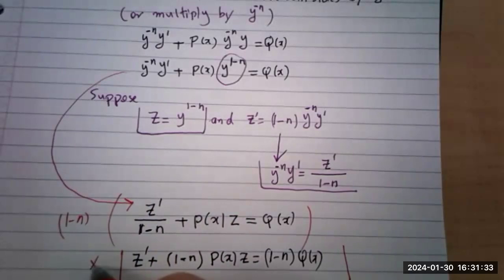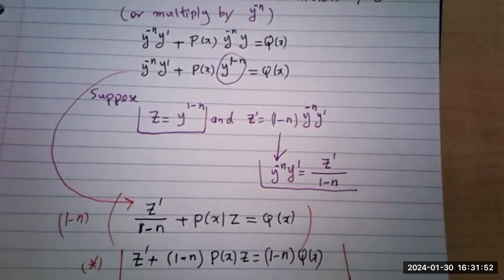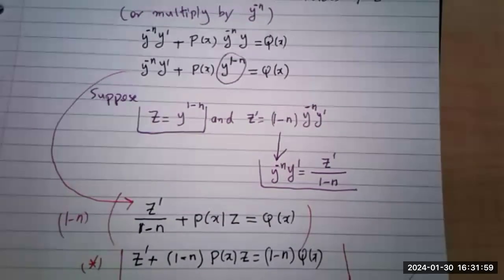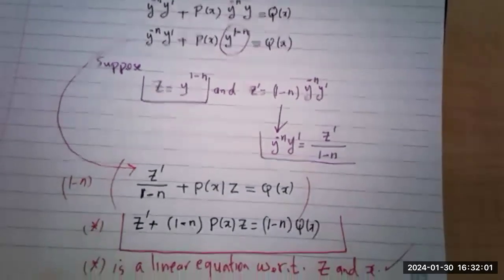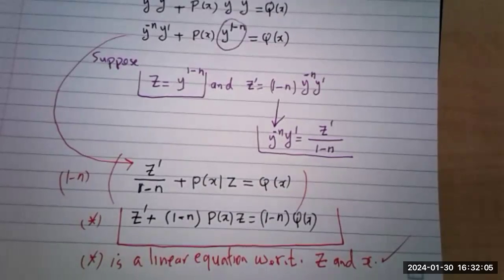So if you call this one a star, it's going to be a linear equation with respect to, of course, z and x. So when you write your formula, be careful not to miss it. Okay, that's how we solve the Bernoulli equation.